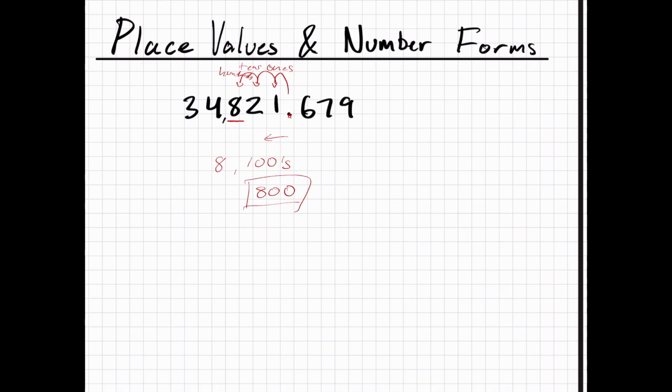Now, you could go the other direction and ask what is the value of the 7? Okay, so we're gonna find the 7, okay? Where's the 7 at? Oh, it's over on this right side. So here's the 7. We started at the decimal place, and instead of going this way for ones, we're gonna go the other way. This is tenths with a TH. The next one is hundredths.